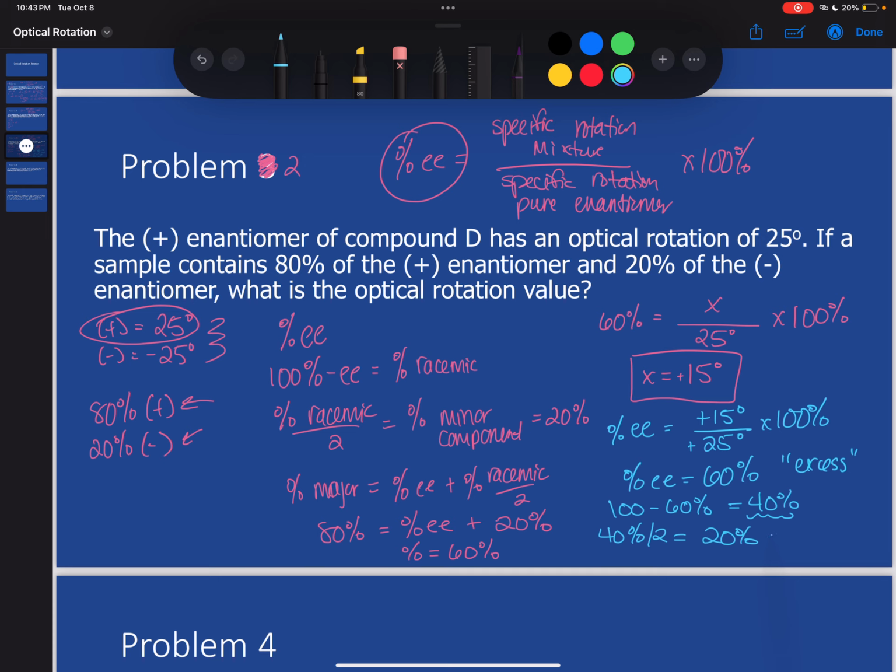This should be the amount of minus, which does match up with what I had. And then I would take that amount of 20% and add it back to our 60. So my positive would be 20% plus 60, and that does give me 80%, which is what I was originally given. So this should be the value of our optical rotation of the mixture.